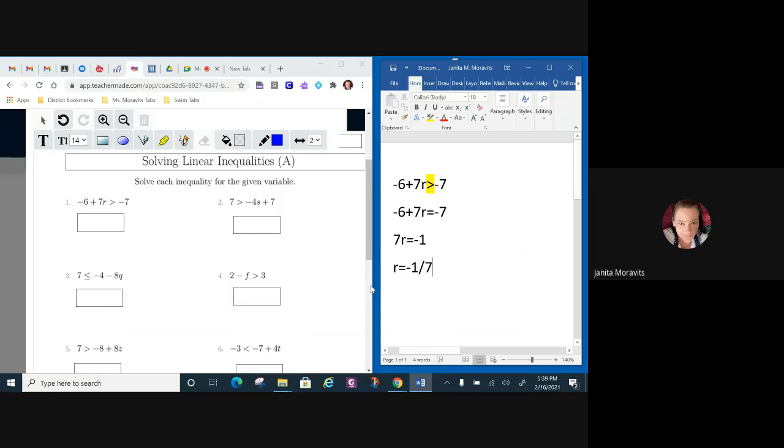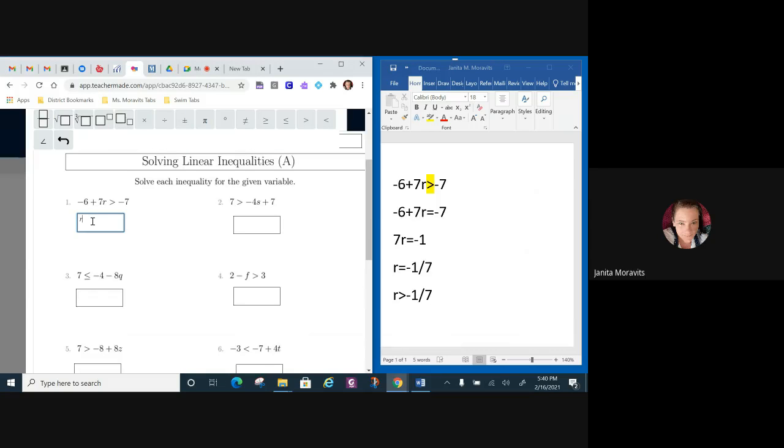Now, remember that up here, we had a greater than symbol. So we're going to replace this equal sign. R is greater than -1 over 7, just like that. And you're going to write your answer in here. R is equal to, I'm sorry, it is not equal to, is it?